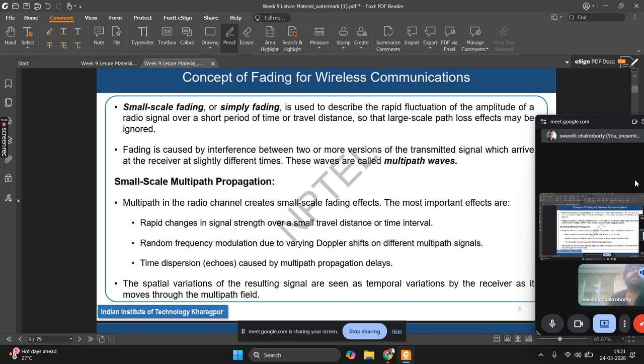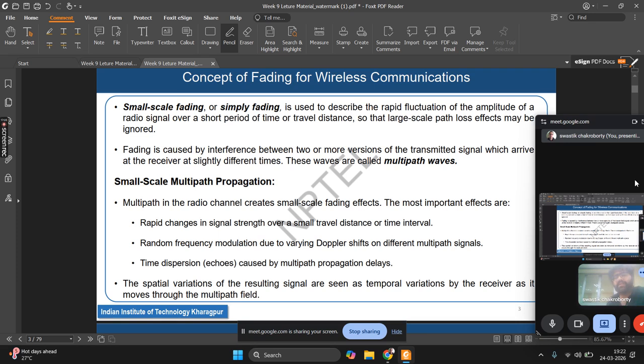It's not only down. In large scale fading the only direction is down. The moment it leaves the transmitter, the power will only decrease, it will never increase. But in small scale fading, the power, even though minutely, increases and decreases. It increases and decreases because the multiple paths that are coming in are changing. The environment around is changing.